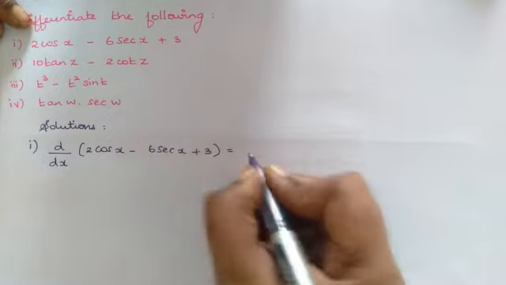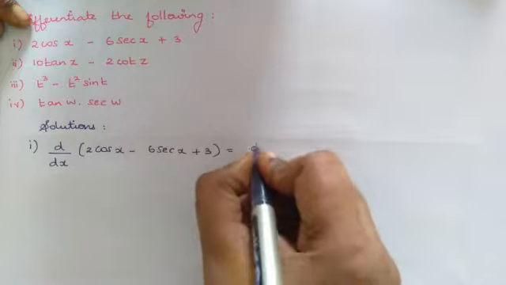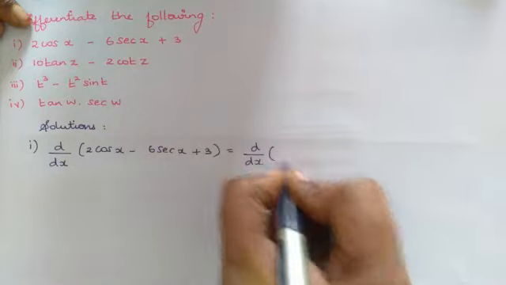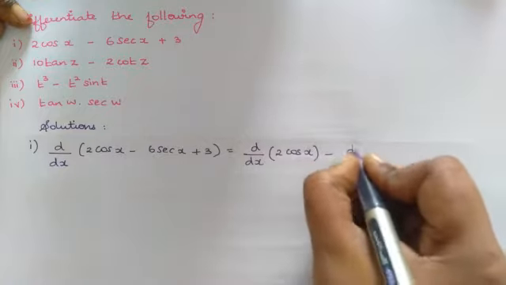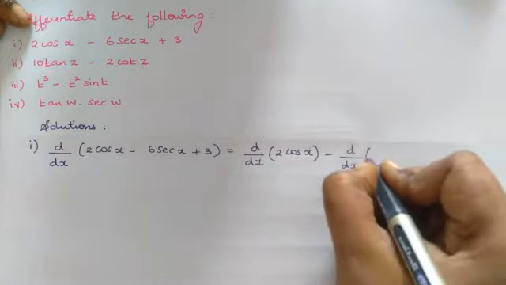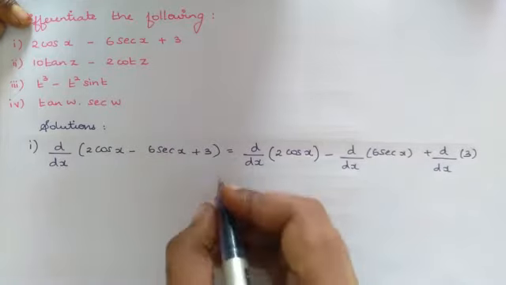Since this is the first sum we are discussing, let me do it for each case. So this is d by dx of 2 cos x, then d by dx of 6 secant x, plus d by dx of 3. Now let's differentiate.